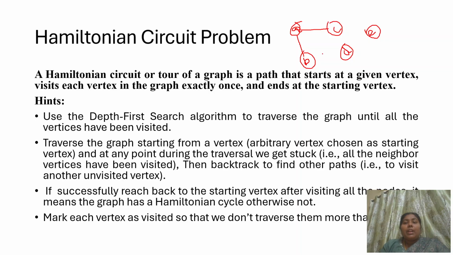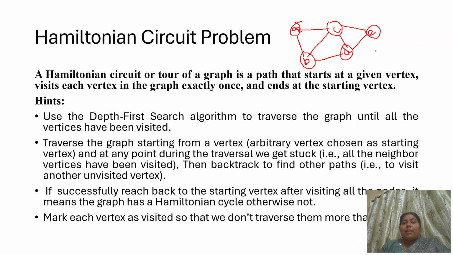All the nodes should be traversed, so that we create a tour. But each node should be visited exactly once and it should come back to the starting node, that is the starting vertex.